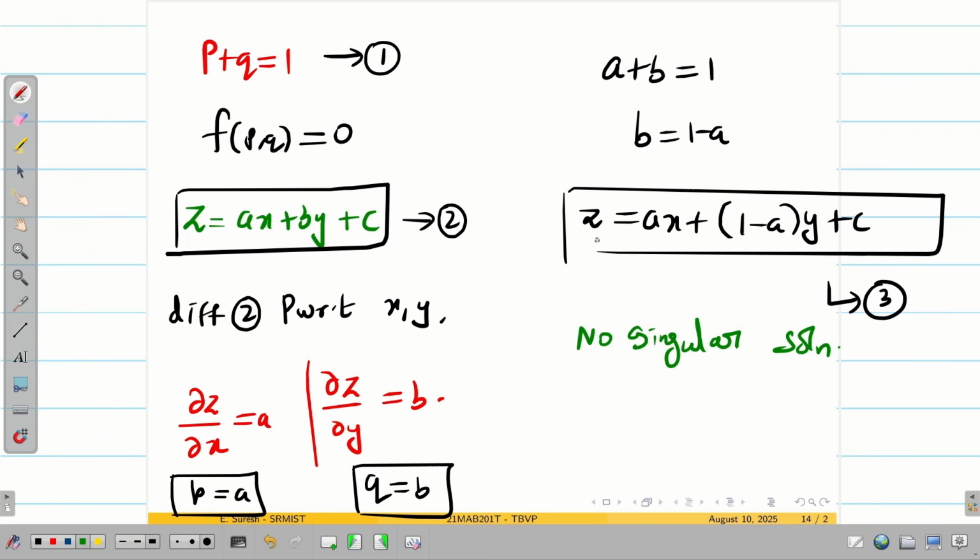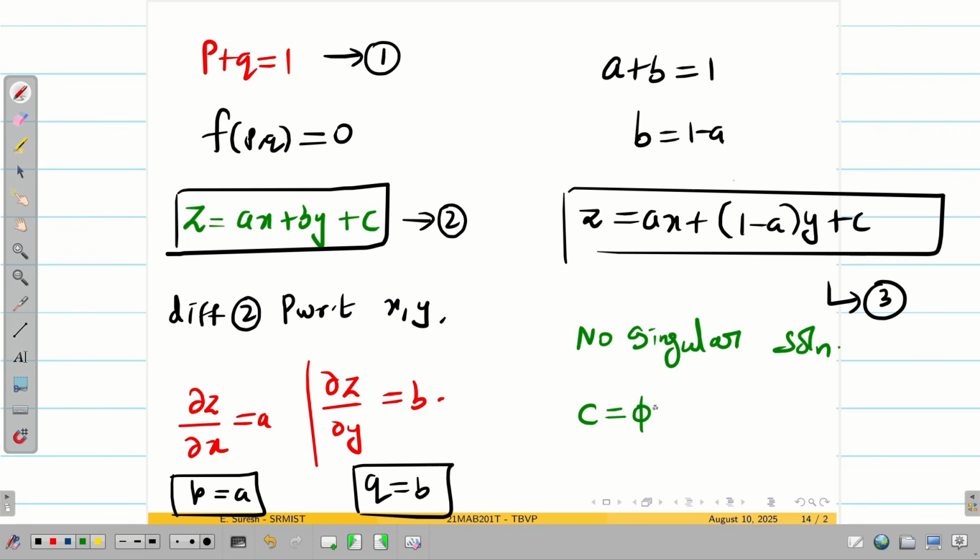The reason is, when we differentiate this partially with respect to c, we get 1. But according to the condition for singular solution, when you differentiate z partially with respect to an arbitrary constant, it should be 0. So we don't need to mention this. You simply say singular solution does not exist or no singular solution. Then finally, general solution.